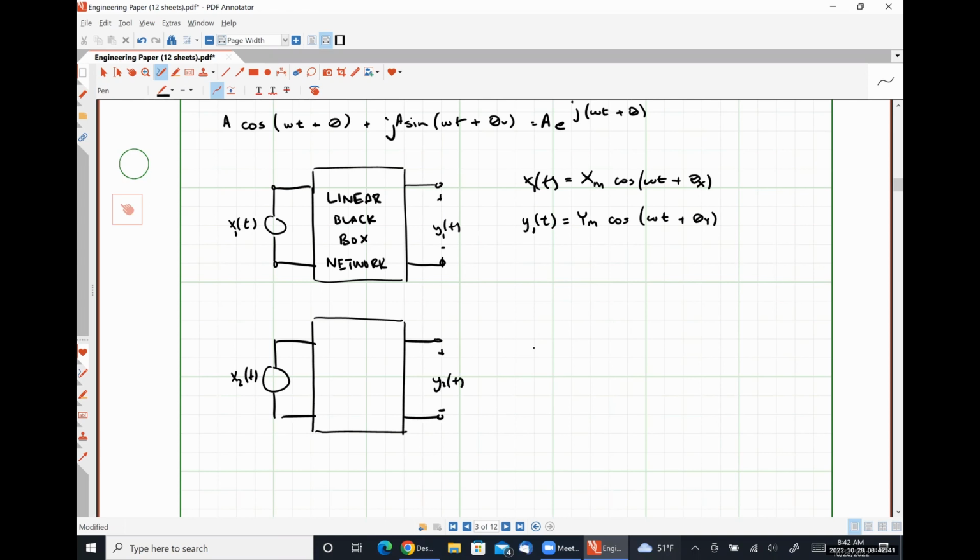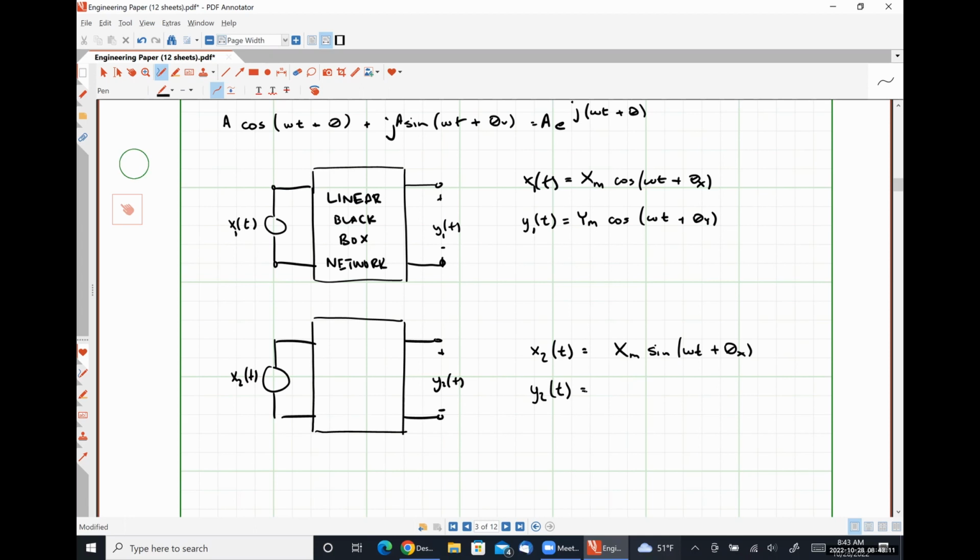So let's say that X2, we're going to go out on a limb here, is of the form XM sine omega t plus some phase angle theta x. What do we expect our output to be?